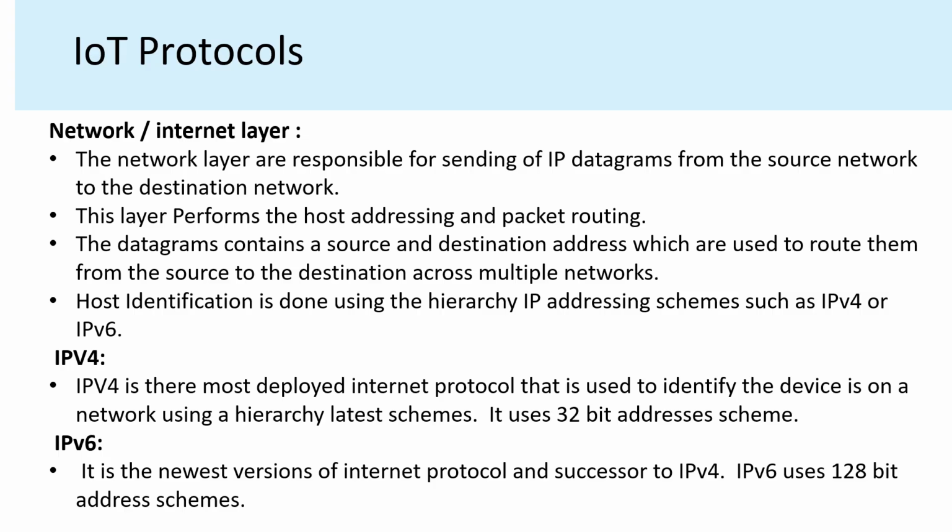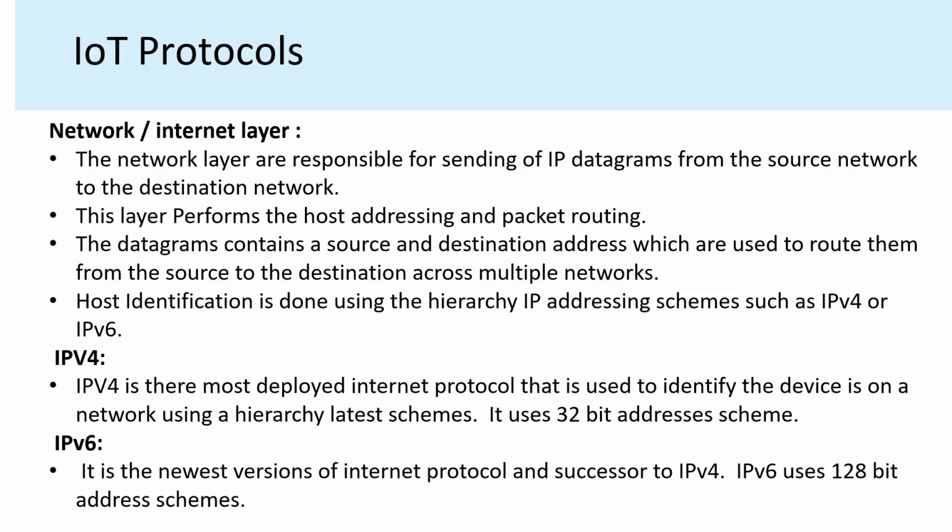Host identification is done using hierarchical IP addressing schemes such as IP version 4 or IP version 6. IP version 4 is the most deployed internet protocol, used to identify devices on a network using a hierarchical addressing scheme. It uses a 32-bit addressing scheme.